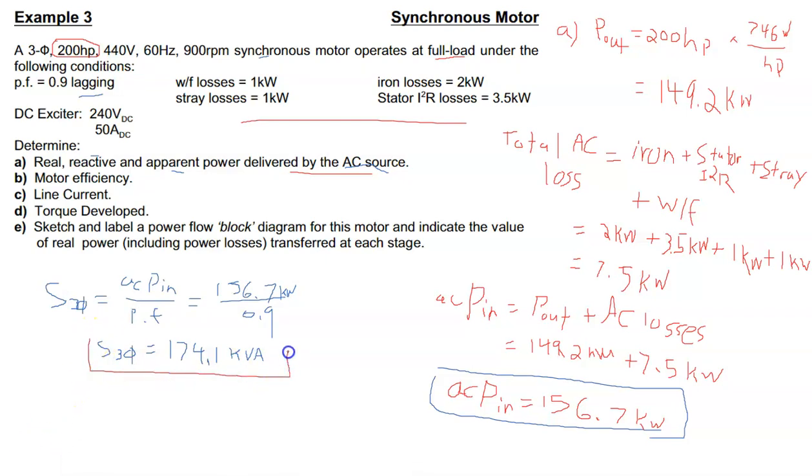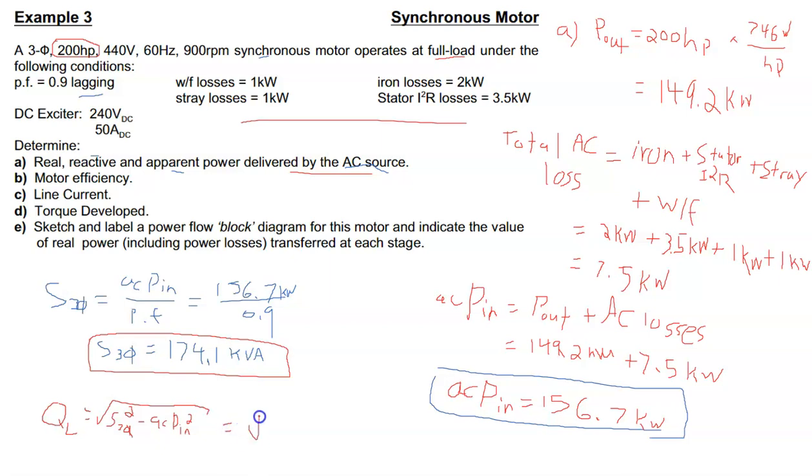And so now Q, Pythagoras' theorem, third side of the triangle, and it's Q_L here because we're told it's lagging. So the square root of S three-phase squared minus the AC power in squared.